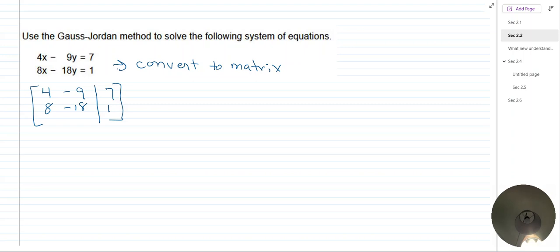If we're doing this by this method, we would take our time and say, okay, what do I want to get rid of? Well, I've got to get rid of that 8, right? So let's do that.